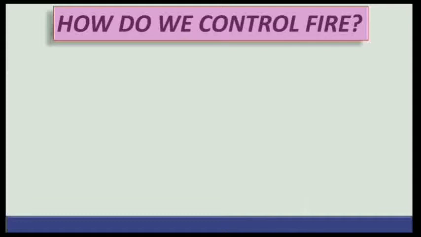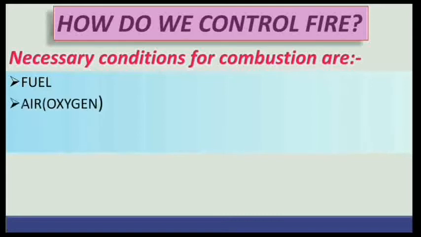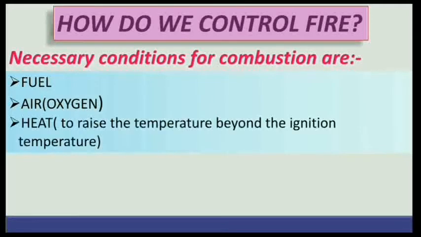How do we control fire? Necessary conditions for combustion are presence of combustible substance or fuel, supply of air or oxygen, and heat to raise the temperature beyond the ignition temperature. So, if any one of these essential conditions is removed, then combustion cannot take place and we can control fire.